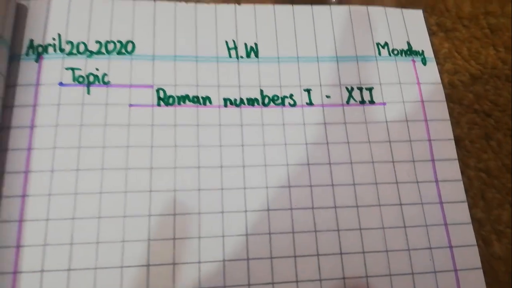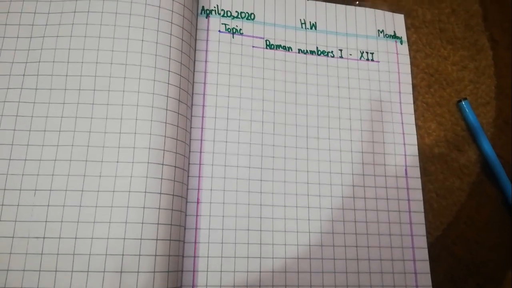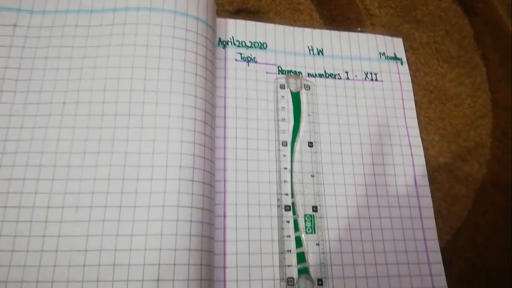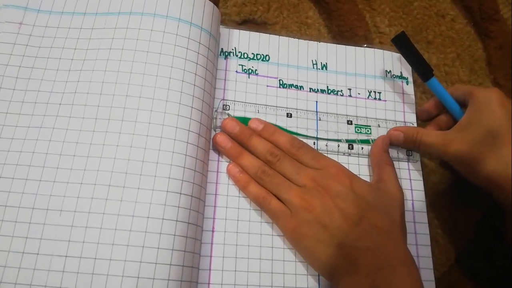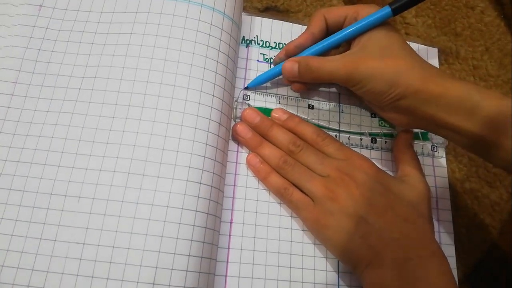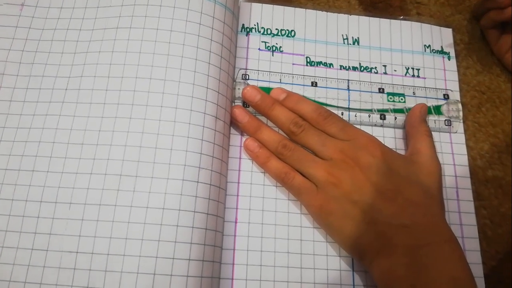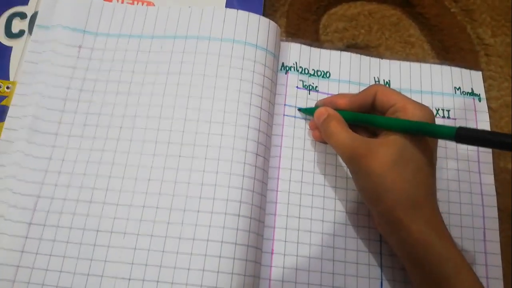Now you have to draw a line in the center. Divide your page into 2 by drawing a line in the center like this. So we have drawn a line in the center, and draw a line on the top also, where on one side we will write Arabic numbers, and on the other side we will write the Roman numbers. On one side you will write Arabic numbers.